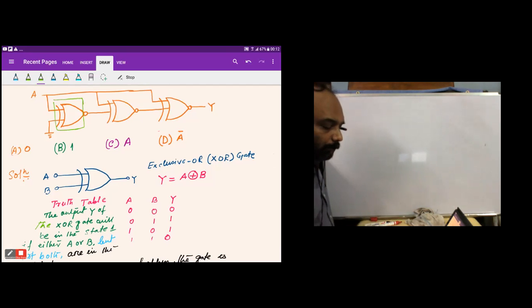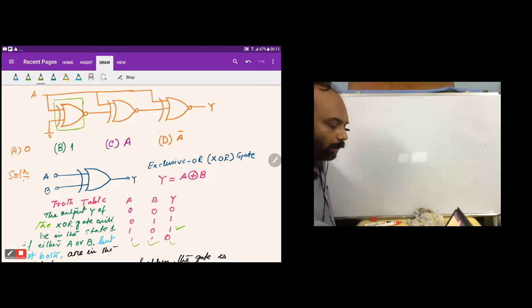The truth table is: if A and B are my inputs and Y is my output, then for A 0 and B 0, it is 0. For A 0, B 1, it is 1. For A 1, B 0, it is 1. For both A and B 1, it is 0.